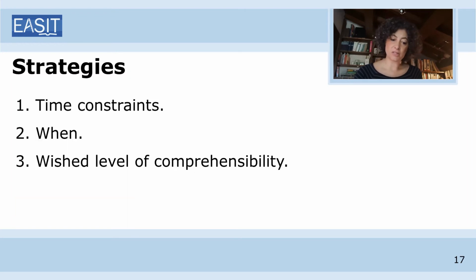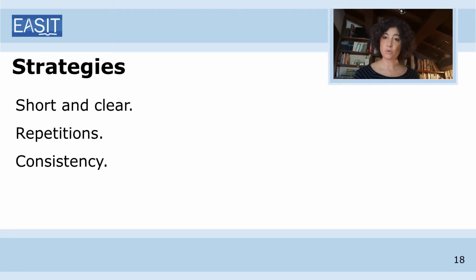Back to the audio description, keep in mind that your decision on the best audio description strategy to use will be based on time constraints, on the moment when you insert the audio description, but also on the level of comprehensibility you wish to maintain. Easy to understand principles normally encourage short and clear texts, repetitions, consistency.